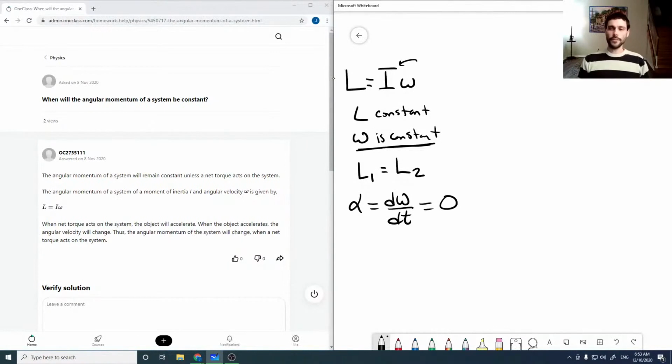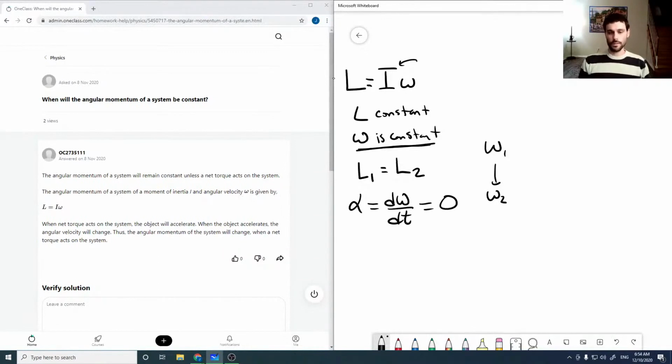If alpha is 0, even if omega changes from one value to another, as long as there's no long-term angular acceleration, then our L should be constant.